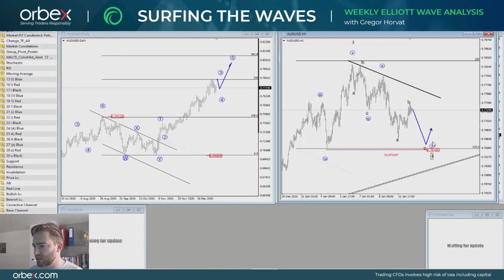So in my opinion, there is still another drop coming, and ideally there will be support at the previous wave 4. Watch out for a potential drop here, and then if we see a rally, let's say later this week, back close to this trendline resistance in impulsive fashion, then I think more upside could be seen on the Aussie, maybe just for a temporary high before the market reverses down into a much higher degree corrective setback.